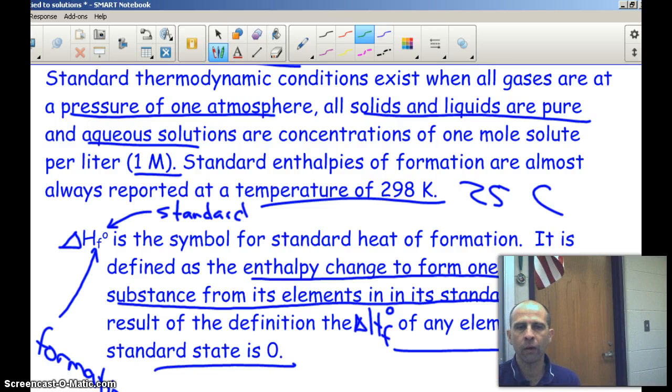This is still a heat change, but it's a different kind. And the little 0 means being at standard conditions. The heat of formation is the enthalpy change to make 1 mole of the substance from its elements in the standard state. And so kind of as a result of this definition, the heat of formation for any element is 0. So we'll come back to this.